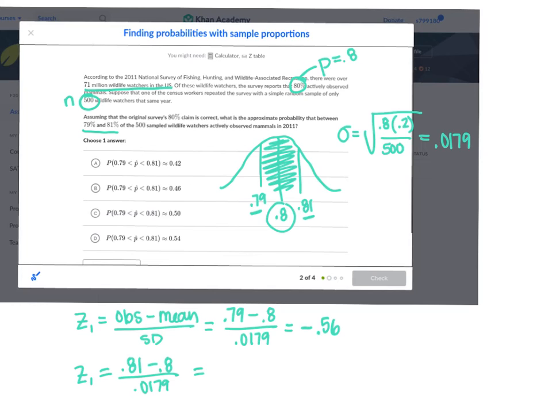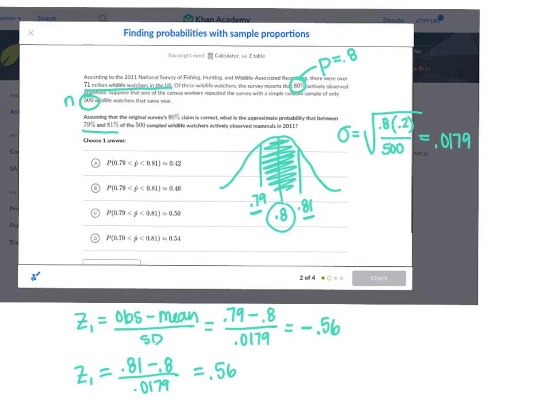And this should be positive because it's above the mean. Divided by 0.0179, and I get 0.56, which makes sense because they're each 1% above and below the mean, so they should be a positive and negative same distance of 0.56.